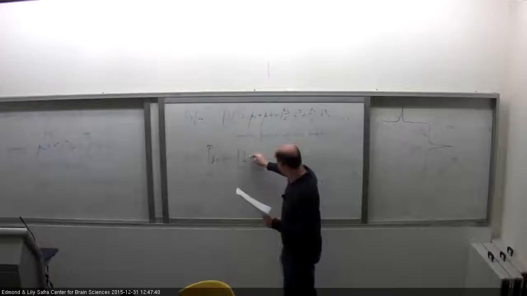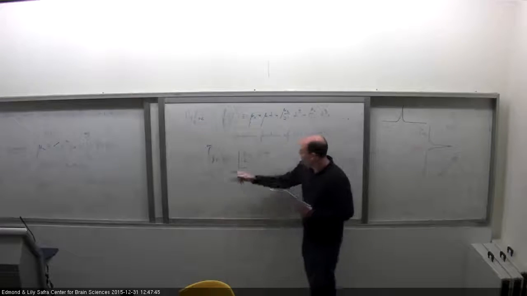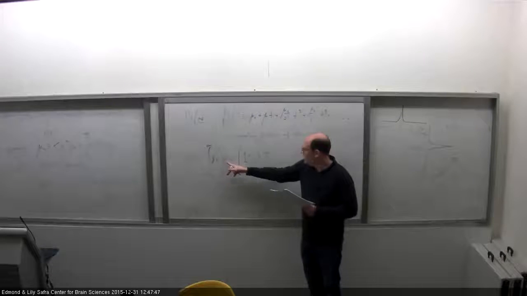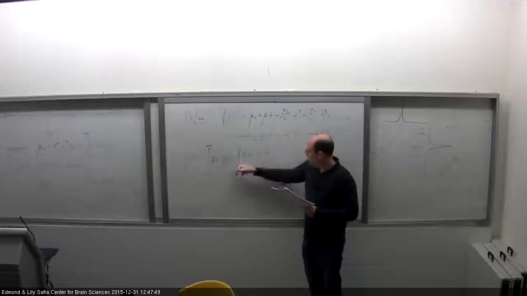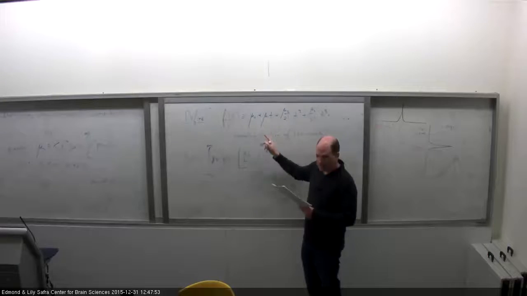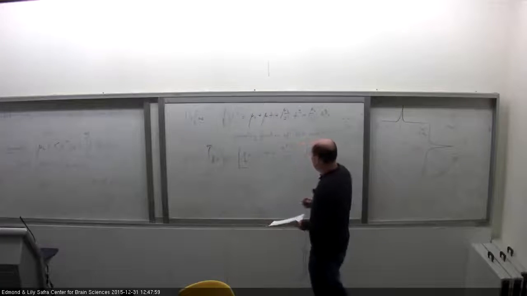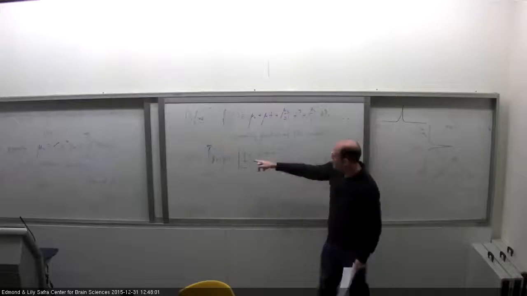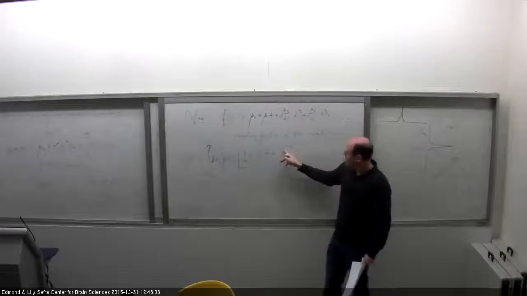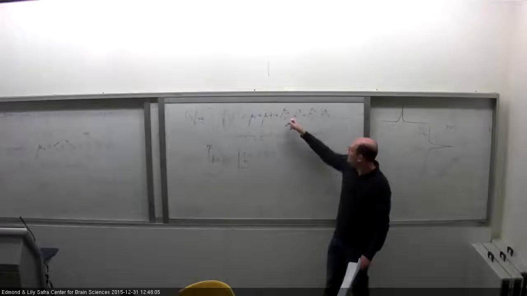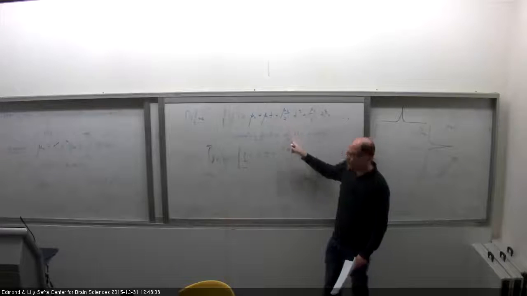The next term will be x times t, because if I do the integral over x, I will get the integral of x times p of x, that's mu1, multiplied by t. Then I will have another term, x squared t squared over 2 factorial. Again, if I do the integral over x, I will get mu2 times t squared over 2, and so on.